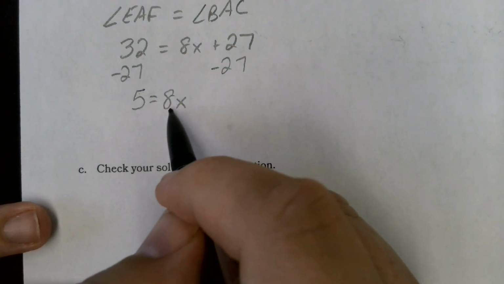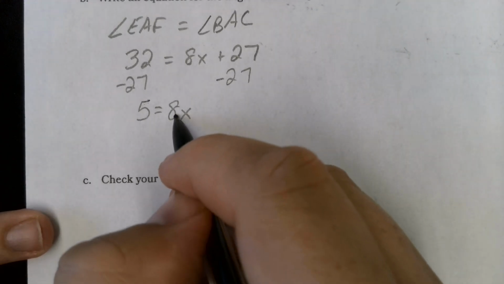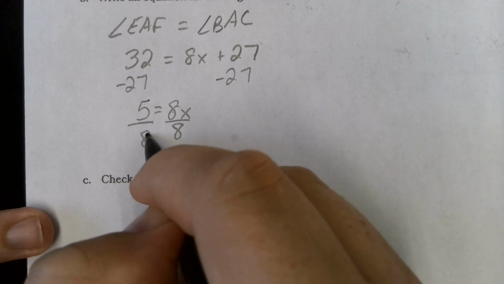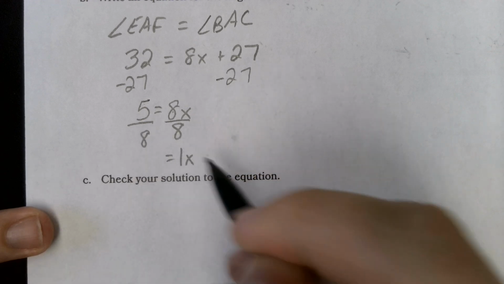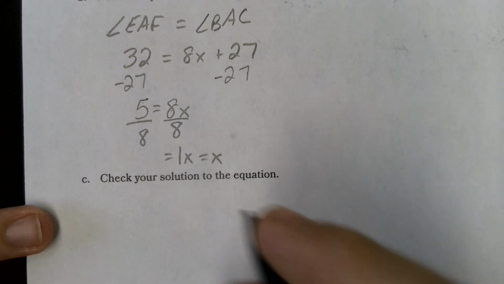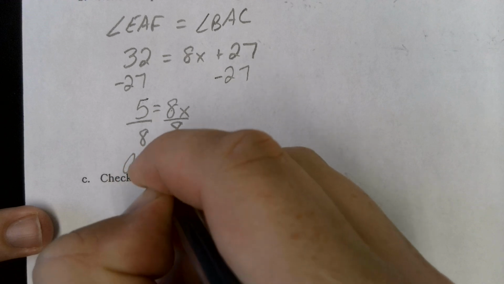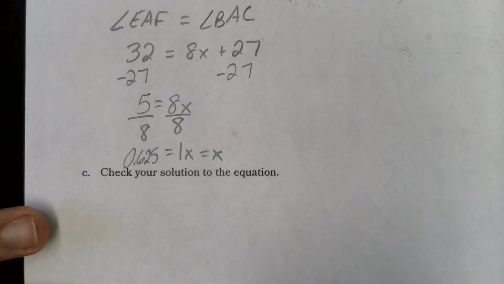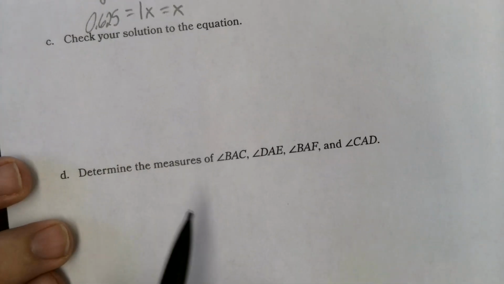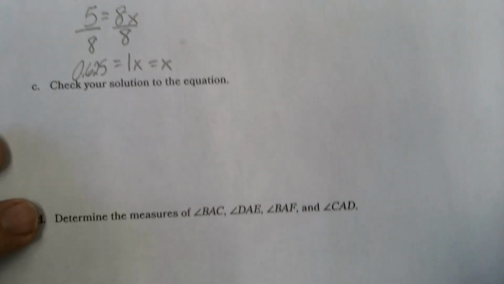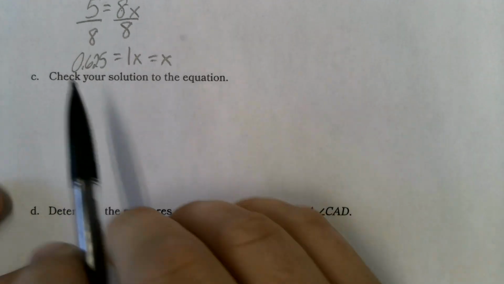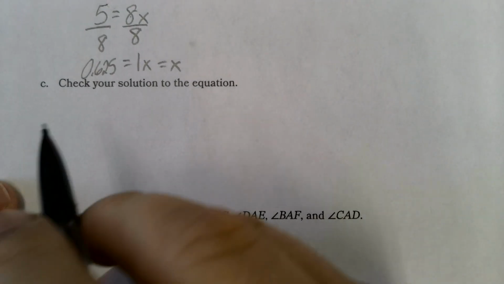Now, since it's 8 times x, the inverse of multiplying is to divide, and I need to divide to get 1x, or just x. 5 divided by 8 is 0.625. So now that we know what x is, we can use that to solve for the rest of these angles.